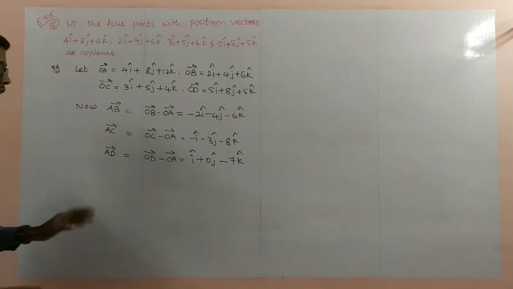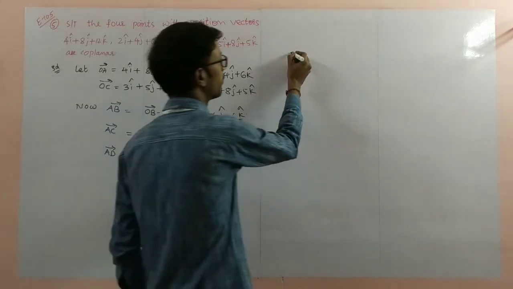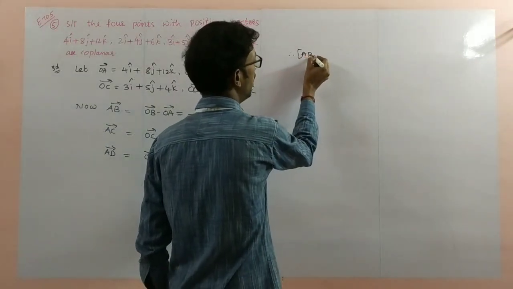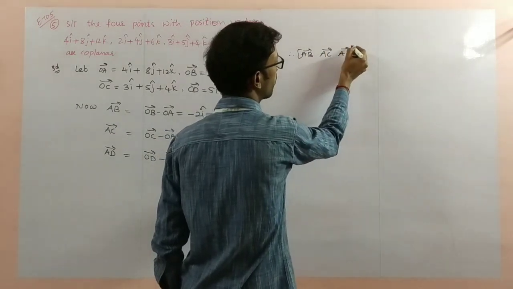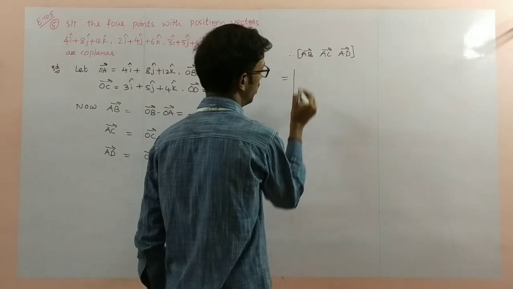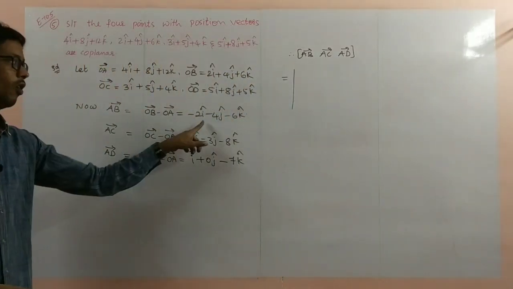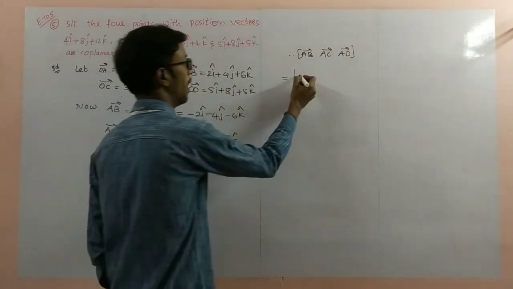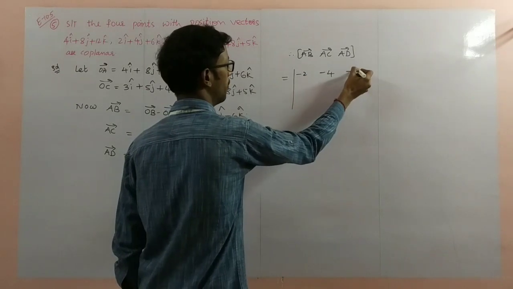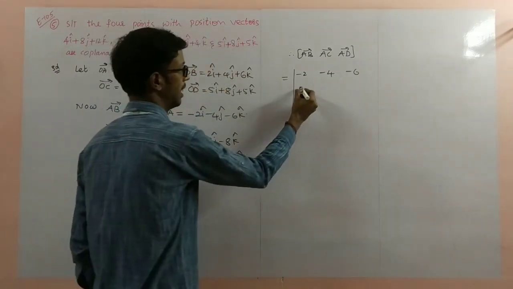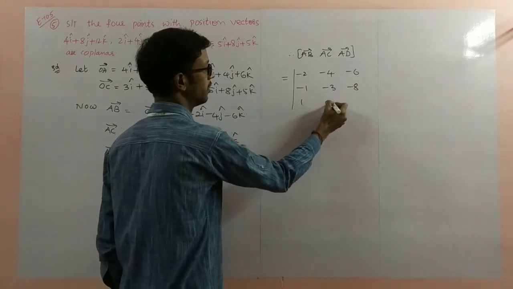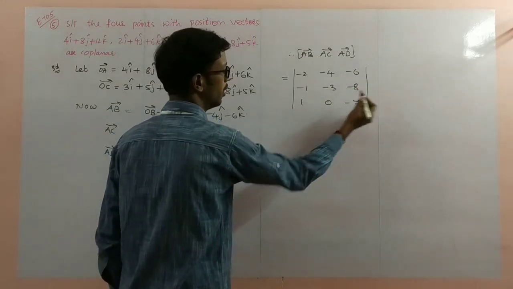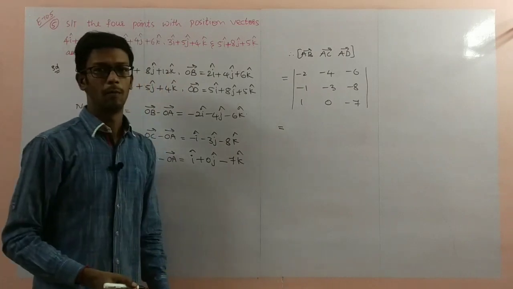Now we have to find the box of AB bar, AC bar, AD bar equal to determinant of coefficients of the vectors: -2, -4, -6, -1, -3, -8, 1, 0, -7. Simplify this one.